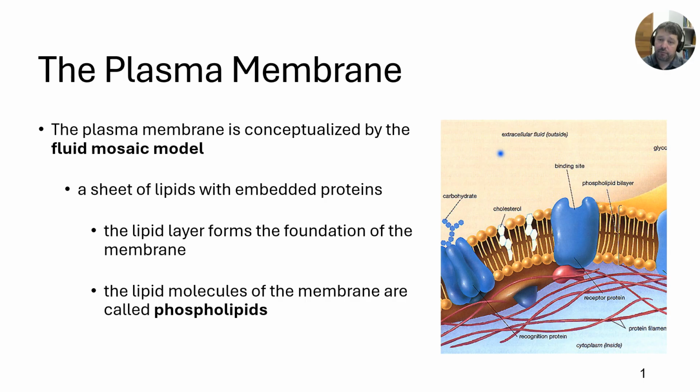So here you have a protein with a carbohydrate. Carbohydrate is a fancy word for sugar, and that sugar is attached to that protein. This is a recognition protein, so maybe the immune system recognizes this as self-made, so it doesn't attack it. Or maybe other cells recognize it as, this thing can bind with us, so those units are used to recognize.